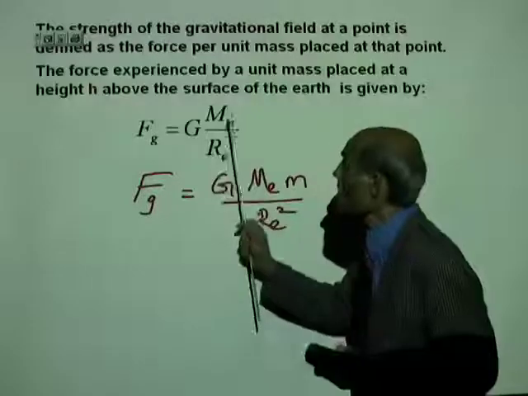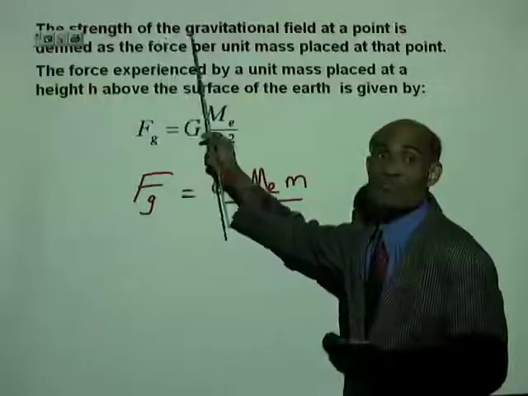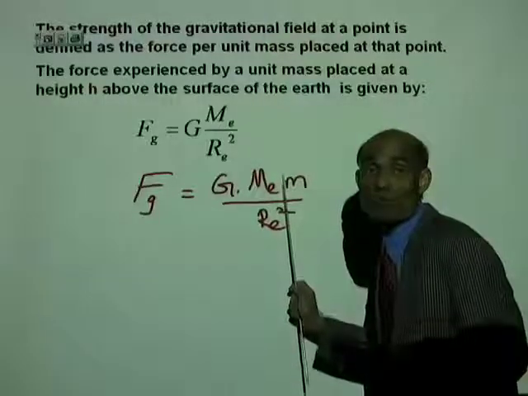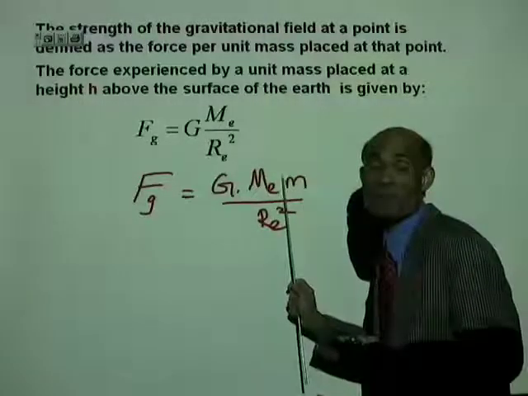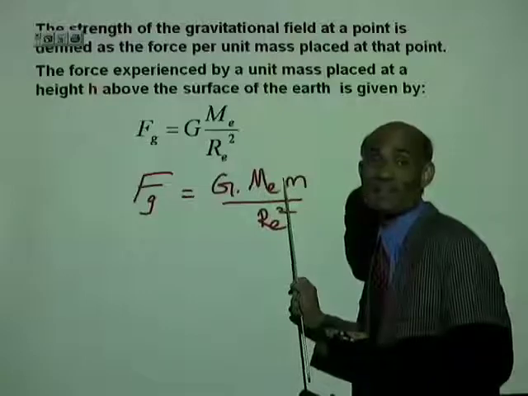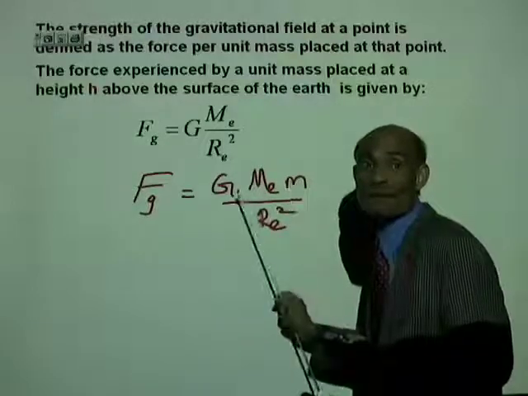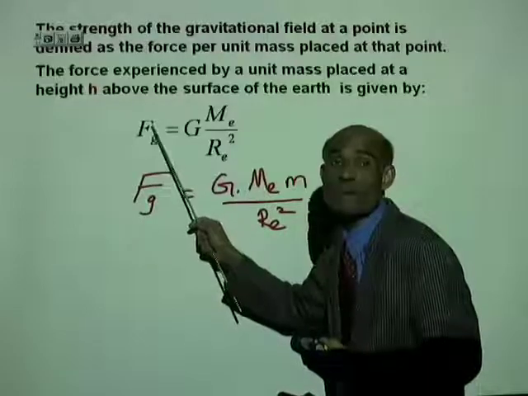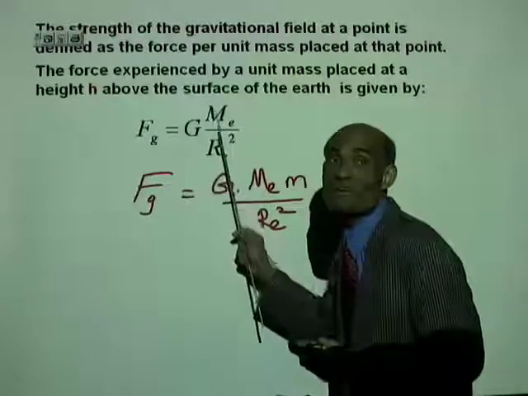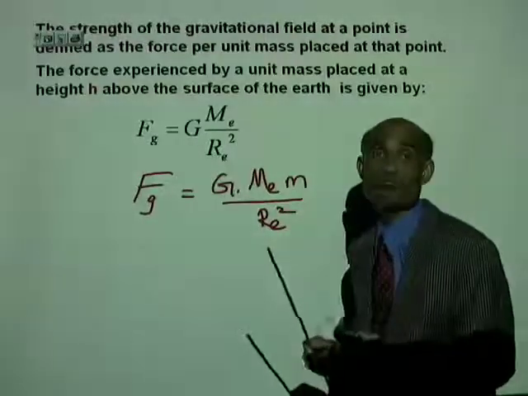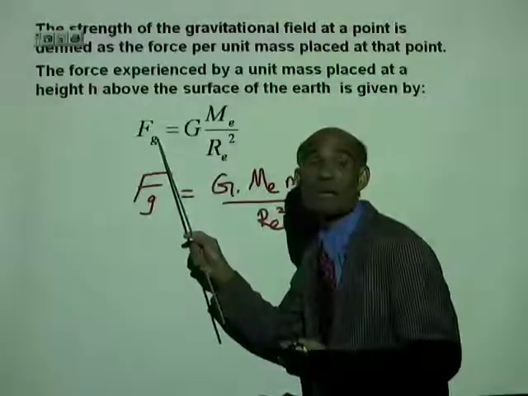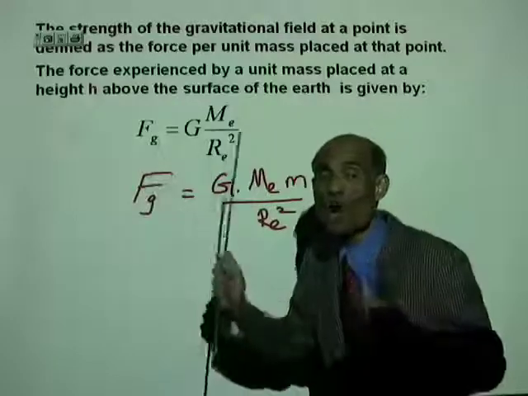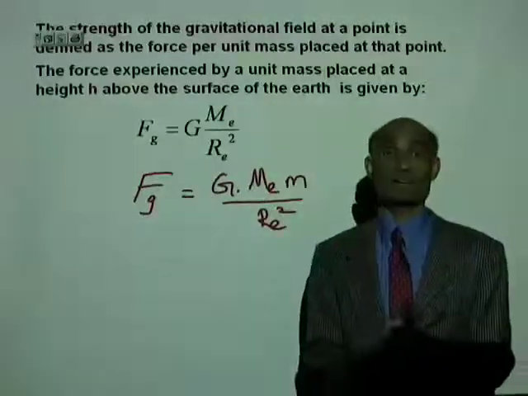Well, since gravitational field is the force per unit mass, then what is the value of this m? That will be 1. When m equals 1, you can see the force per unit mass is G Me over Re squared. And this is a measure of the gravitational force on the surface of the earth.